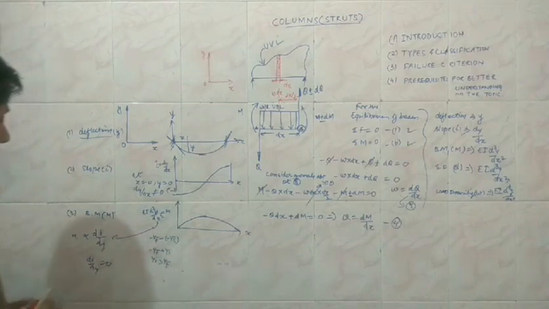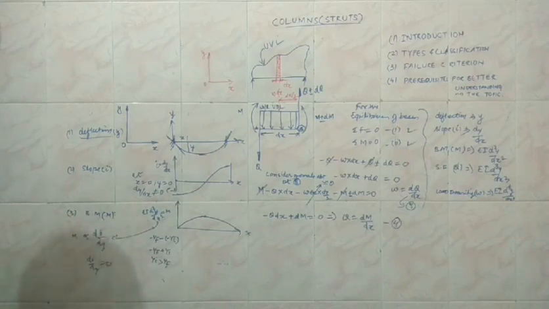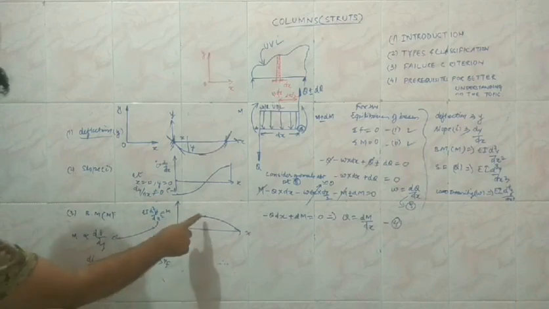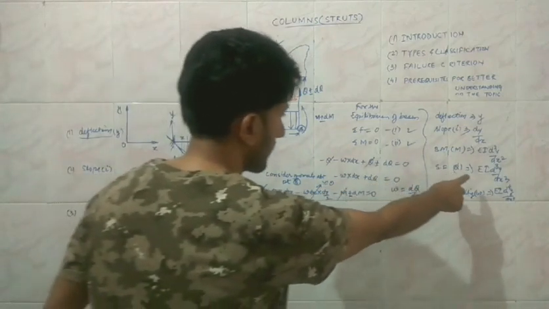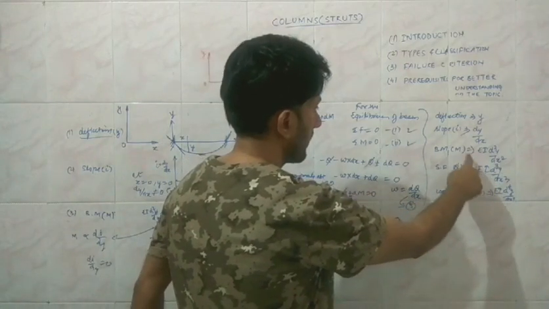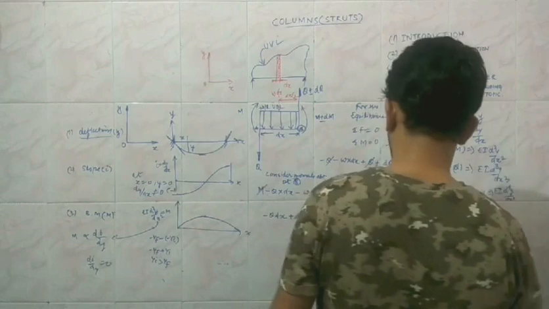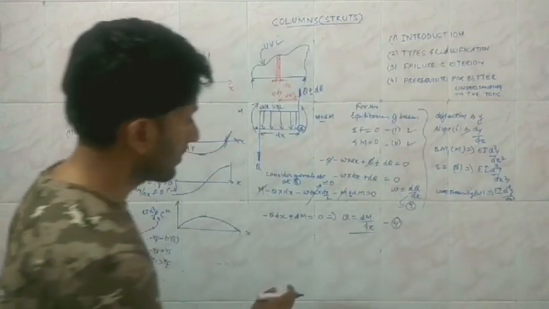So this is your bending moment diagram, and similarly we are able to draw the subsequent diagrams by following the same theory. Shear force is the rate of change of the bending moment, so shear force is dM upon dx.